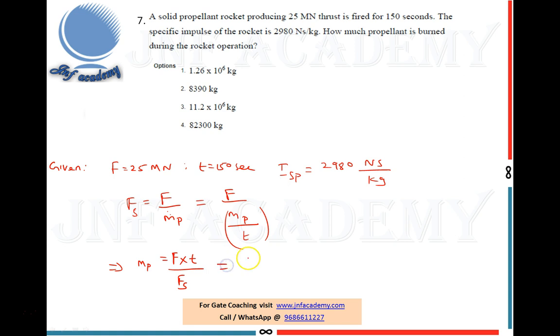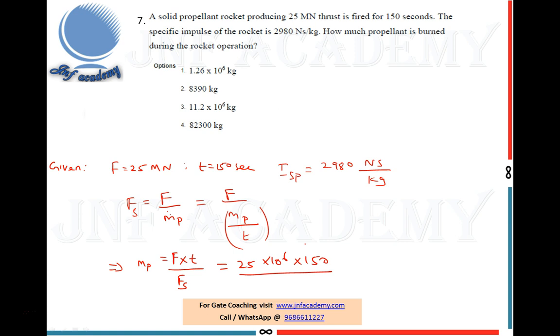Which is equal to 25 into 10 to the power 6, the thrust they told us, right? Time is also given, into 150, divided by specific thrust. So what is specific thrust in this case? The specific thrust is nothing but ISP. Because if you see, the unit is Newton second per kg, right? The specific impulse is 2980. If you equate that, that is nothing but your specific thrust.